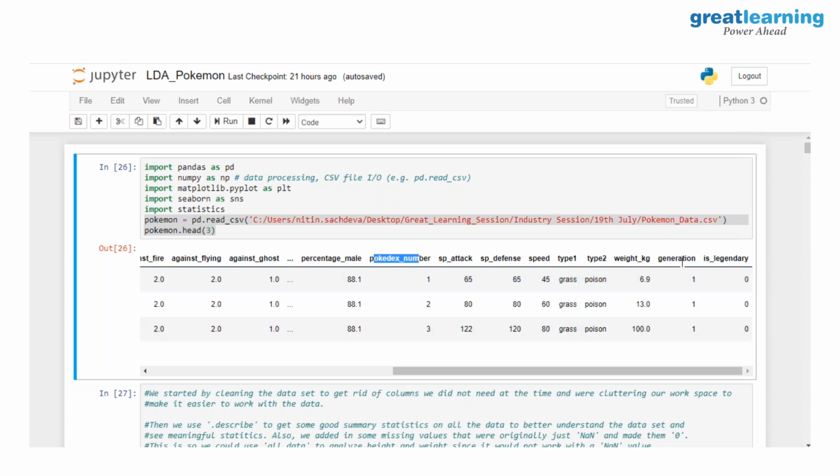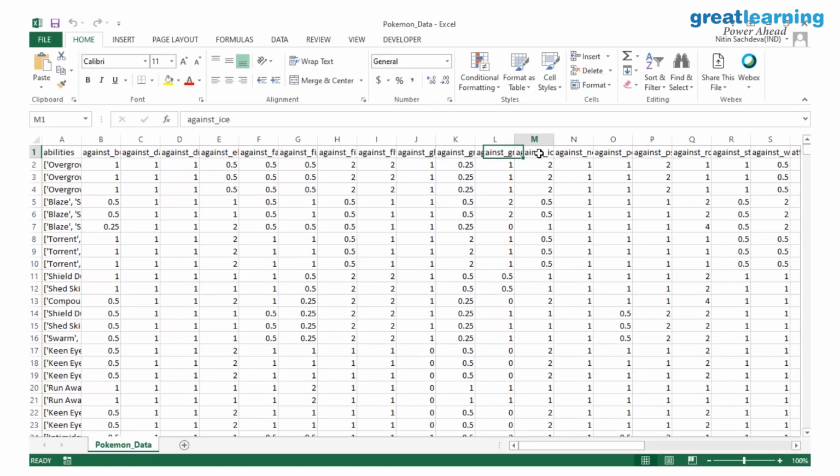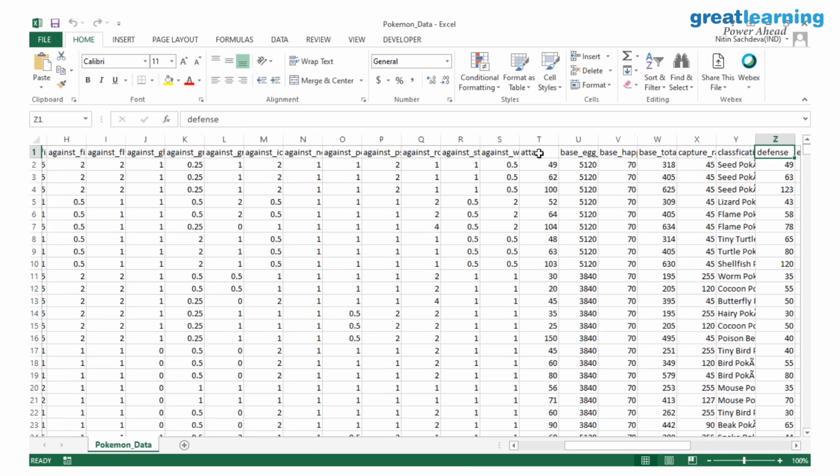The weight, the generation out of the 7 generations we were talking about, and a classification variable to say whether it's a legendary or a non-legendary Pokemon. Some other variables which are there, you can see against ice, the normal, the poison, the psychic, the rock, steel. So we have all the variables here.